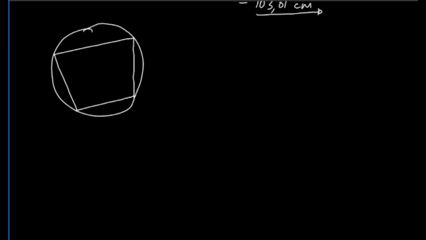So now this is a cyclic quad, and for us to confirm that it's a cyclic quad, all the points are on the circumference. This is my S, not SS. This is my R. This is my Q. Let's say we are given the length here as 8 centimeters, and PQ is given as 6 centimeters.